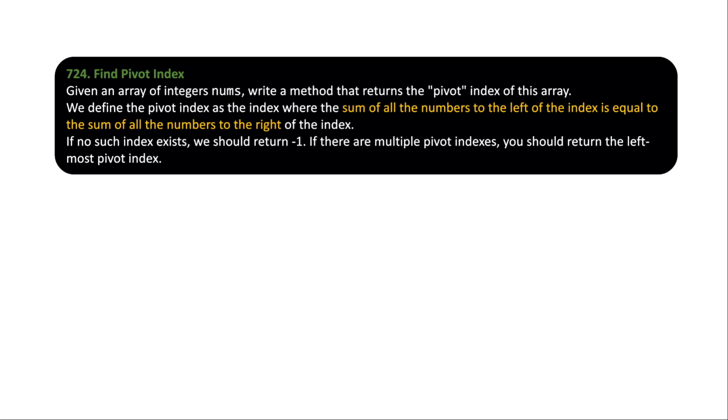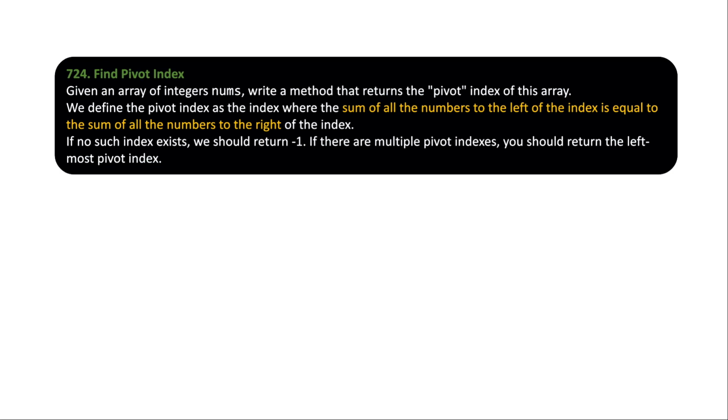We define a pivot index as the index where the sum of all the numbers to the left of that index is equal to the sum of all the numbers to the right of that index, and if no such index exists, we need to return -1. So you are given one array, and you need to return one index such that the sum of all the elements to the right of that index equals the sum of all the elements on the left-hand side of that index. We need to return the index where we can satisfy this condition.